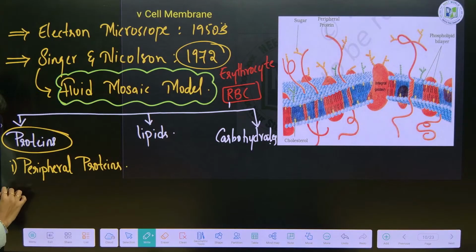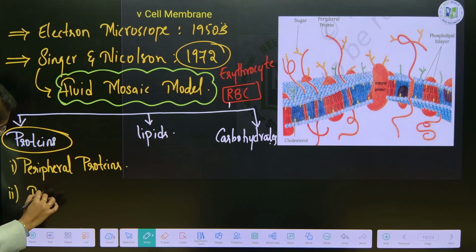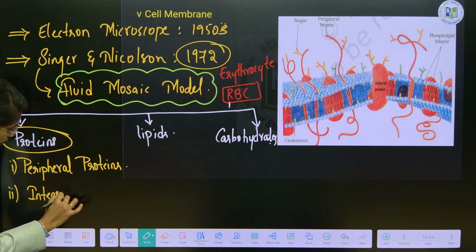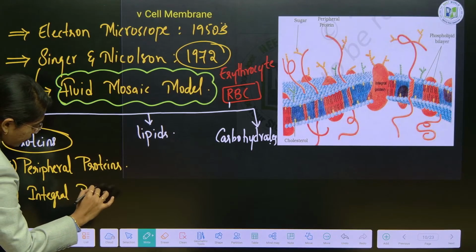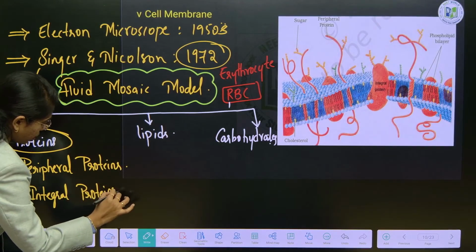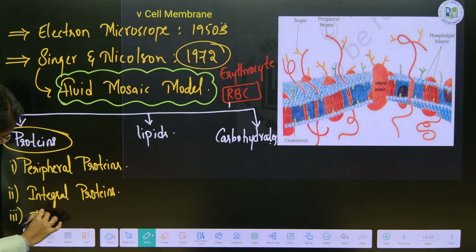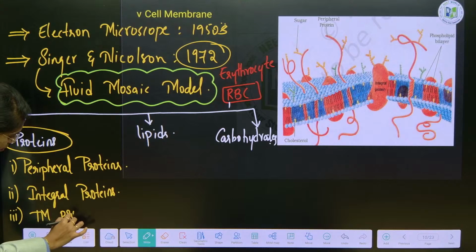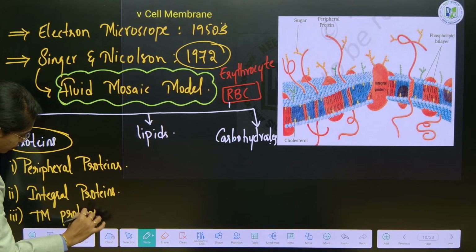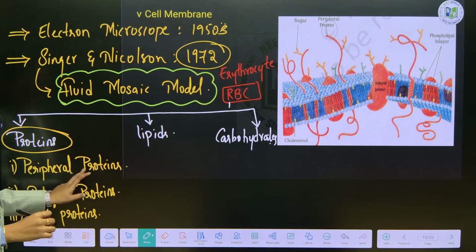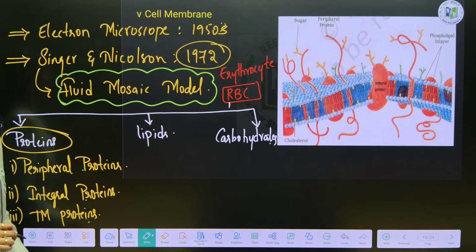Second is integral proteins. And third is transmembrane proteins. First is peripheral, next is integral and transmembrane proteins.